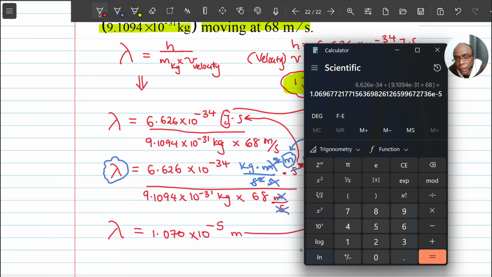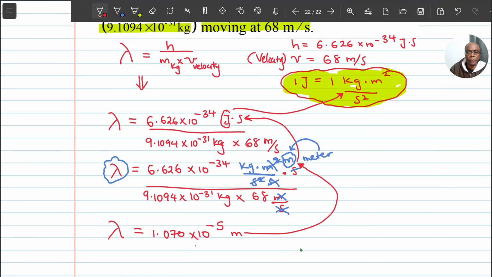Okay. Now, you might say that this is small. Usually wavelengths are quite tiny, so we have to convert this to nanometers. So it will be 1.070 times 10 to the power minus 5 meters, and then we're going to use a conversion factor, which is 1 times 10 to the power 9 nanometers is equivalent to 1 meter.